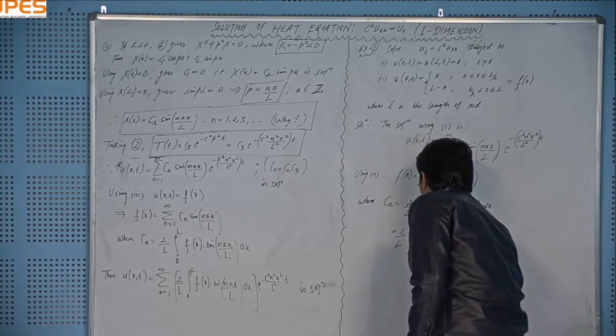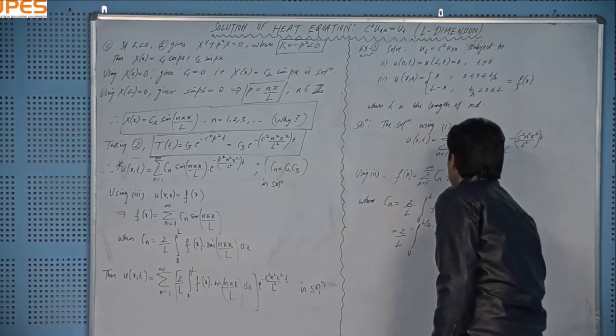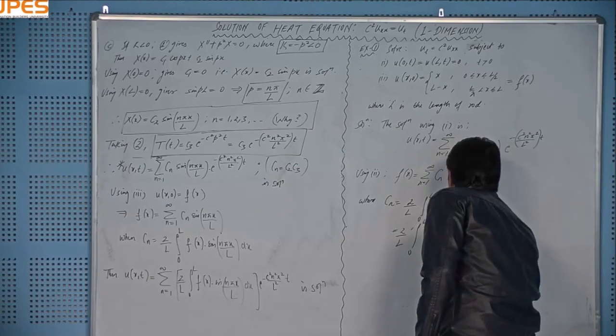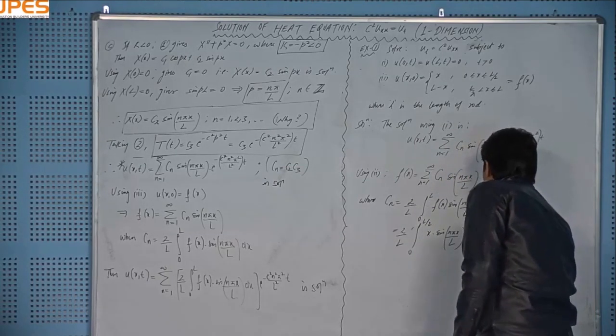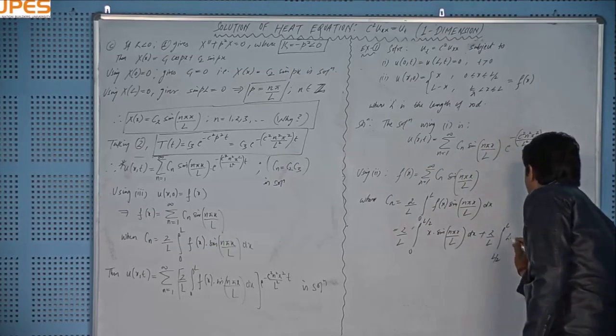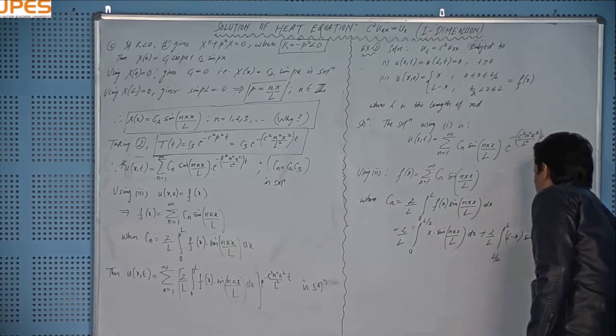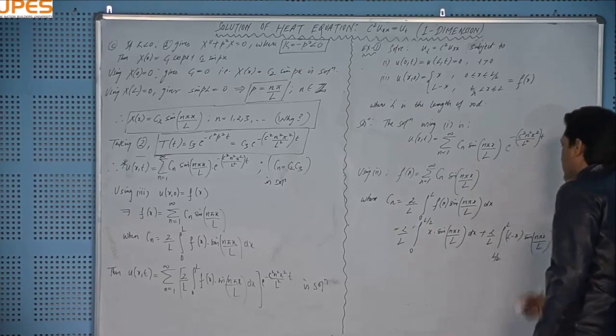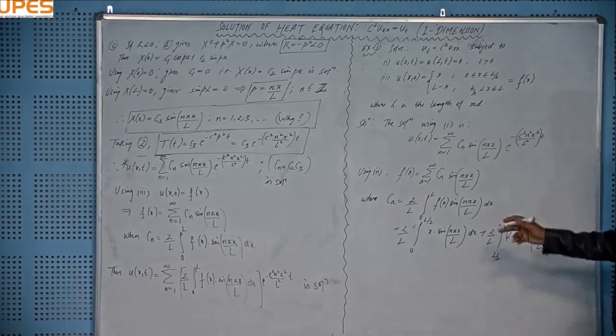So 2 by L, and the first is 0 to L by 2, that is x times sine(n pi x over L) dx, plus 2 by L times L by 2 to L, L minus x times sine(n pi x over L) dx. Fine. Now we have to integrate this.